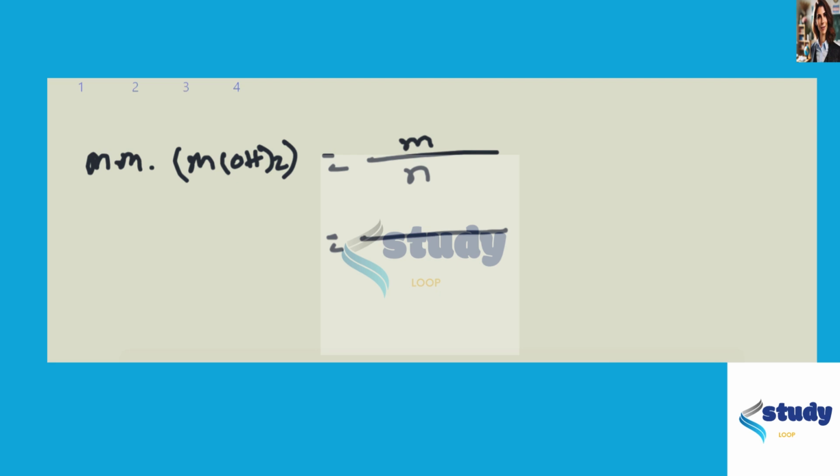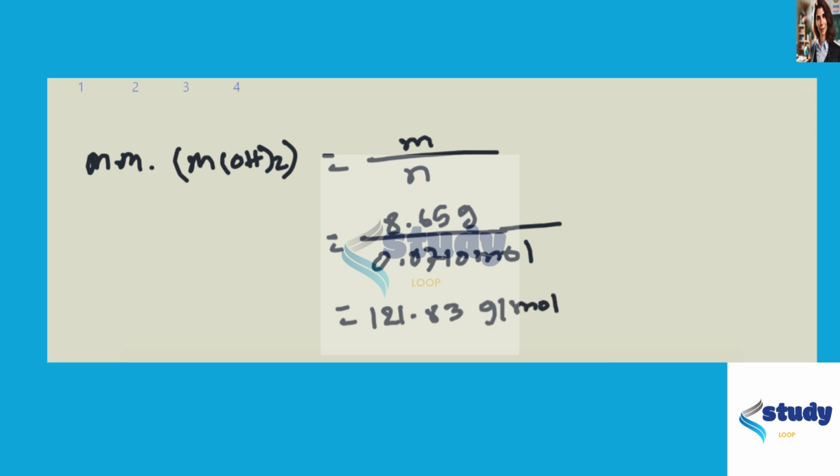So the mass of the metal hydroxide is 8.65 gram over the number of moles, which is 0.0710 mole, and from here we'll get a value of 121.83 gram per mole. So this is the molar mass of the metal hydroxide.